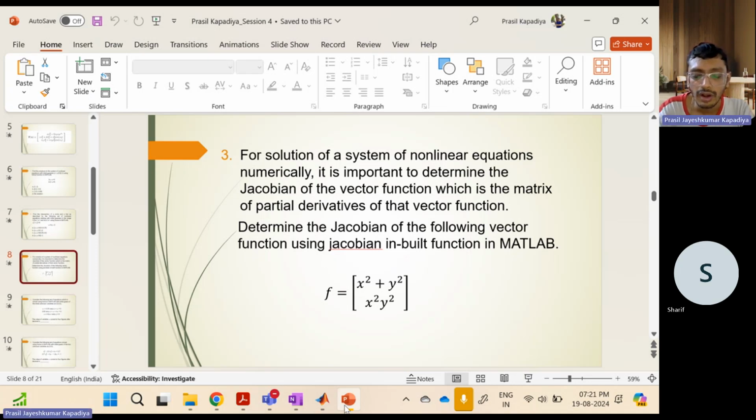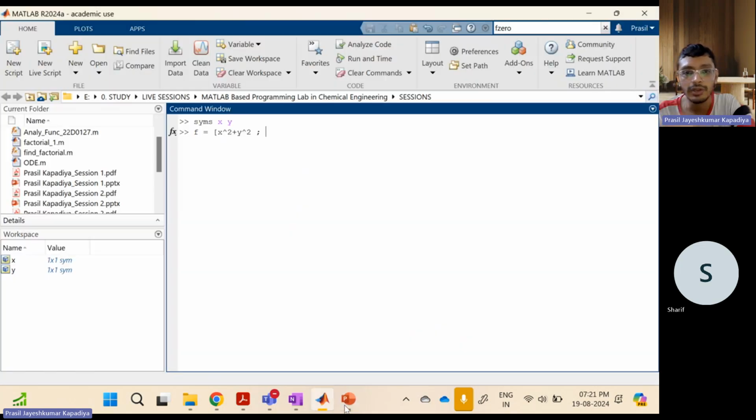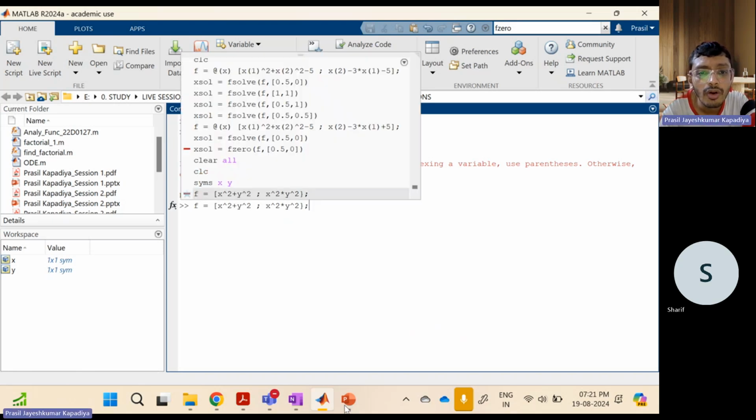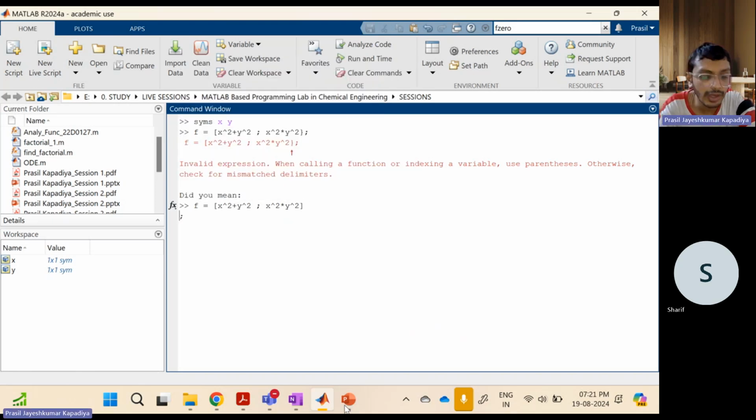It is in first row then second row, so I need to put one semicolon. Let's say if I don't put the semicolon, what happens? Okay, I have written x square comma y square. Oh yeah, it should be this bracket. Okay, I have written my function.